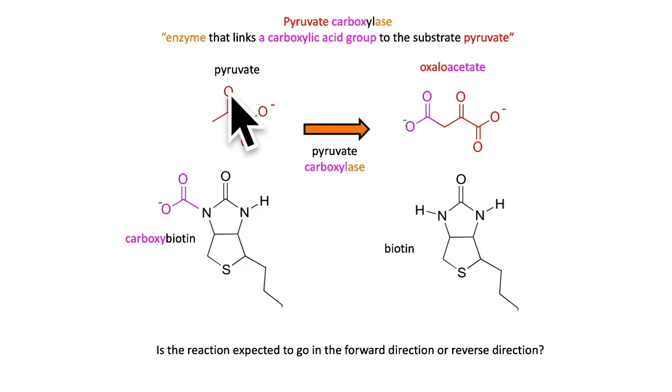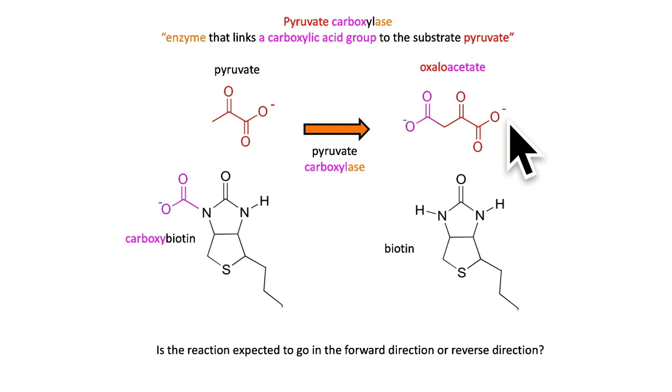Biotin can be activated with a carboxylic acid group, then pyruvate carboxylase can grab pyruvate and its carboxybiotin group, bring the two together, and catalyze the transfer of the carboxyl group from carboxybiotin to pyruvate to make oxaloacetate.